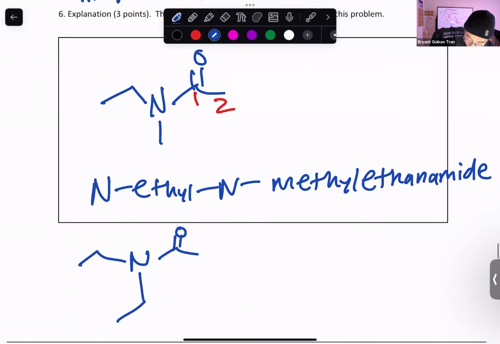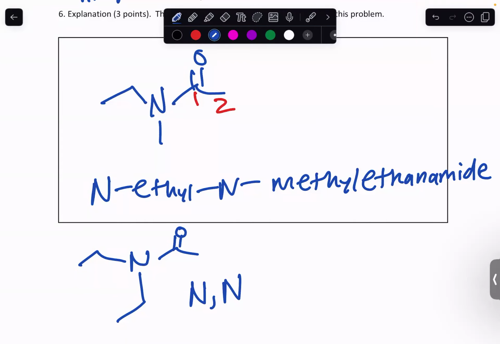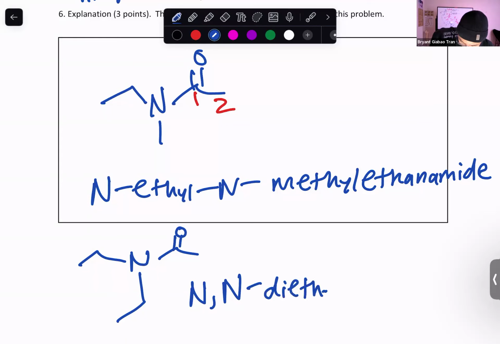You know how back in the 118A nomenclature, when a carbon has two of the same substituents, we said like 3,3 diethyl. We use the number 2 times, and then we use di, whatever the thing is, ethyl, propyl, to represent that. This is gonna be N. It's like the numbering system, but N is its own special number. N,N-diethyl.